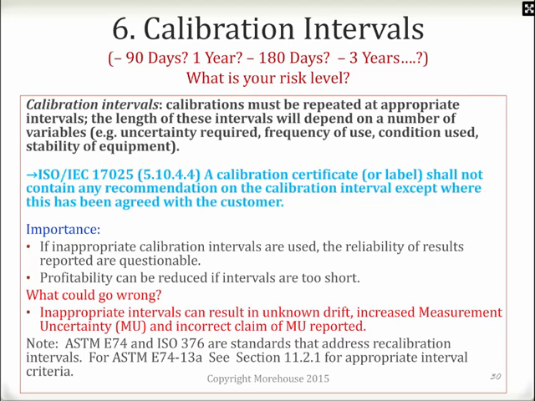Note, ASTM E74 and ISO 376 are standards that actually address recalibration intervals. If somebody has either standard, they can look at them. ISO 376 is typically 26 months. For ASTM E74, section 11.2.1 specifies the appropriate interval.